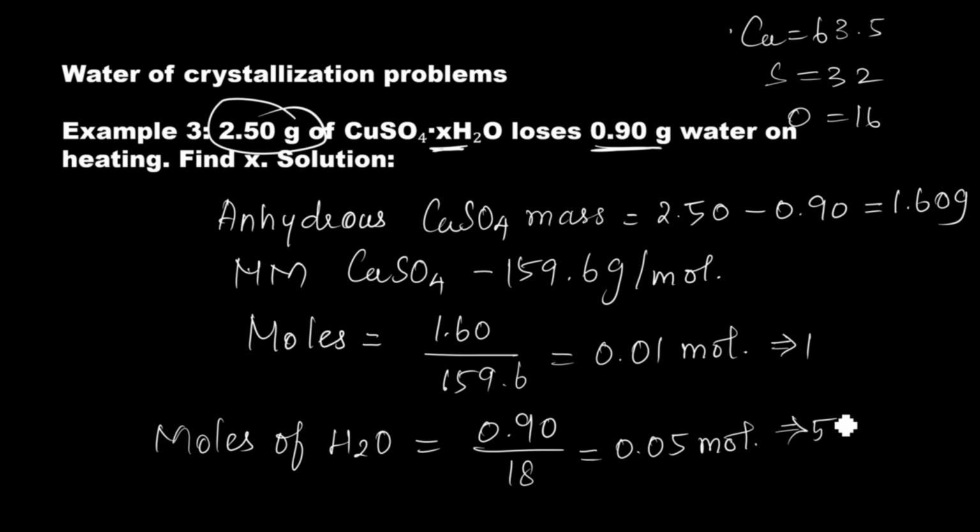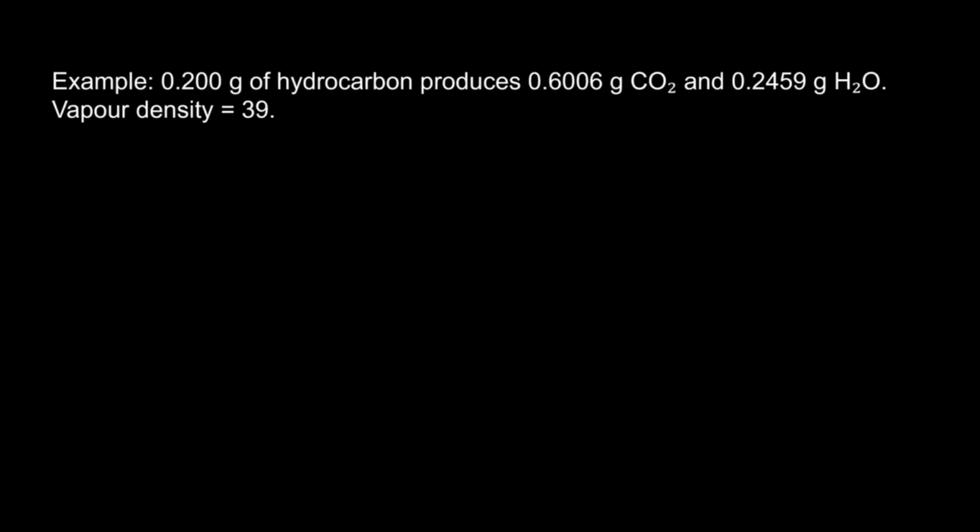How will you calculate the ratio? Dividing by the smallest number, right? 1:5 ratio. So copper sulfate and 5 is H2O. So the X value is 5. Okay, clear? You can take this problem as your homework.